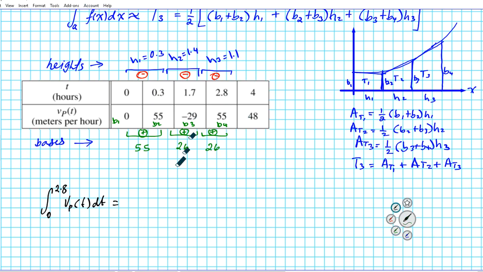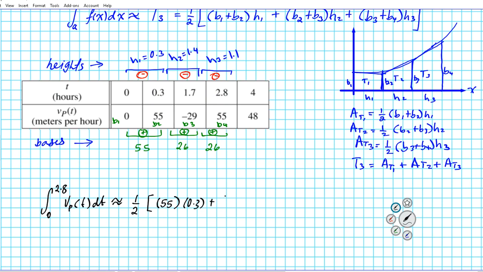So if we put it in the trapezoidal formula, this is going to be approximately, it's not equal, it's an approximation, so we already factored out the 1/2 of b1 plus b2, we already did the math, 55 times h1, which is 0.3, so just multiplying the sums by the heights, piece of cake, right?